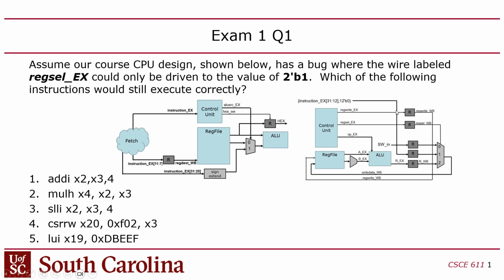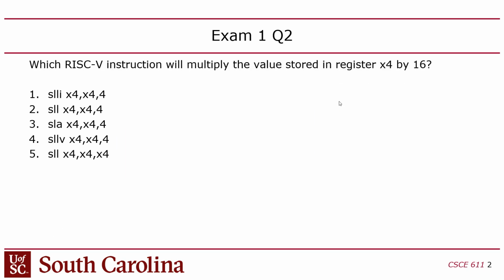What's going into this? The immediate, right? So if regselect was hardwired to 1, we would always write the immediate, the 20-bit immediate, into the register file, which means the only instruction that would work would be an LUI, right? The other instructions would be broken, but the LUI would still work. So the answer there would be 5.